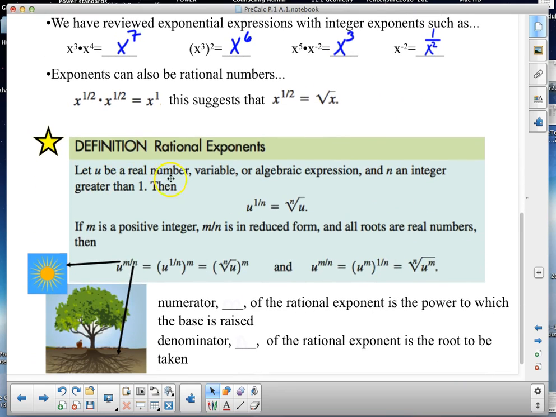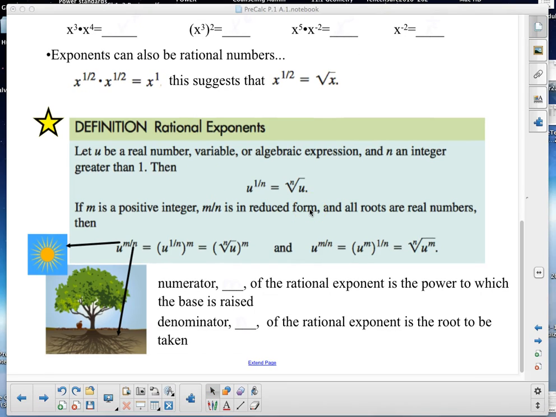Now, let u be a real number variable or algebraic expression and n an integer greater than 1. Then u raised to the 1/nth power is equal to the nth root of u.